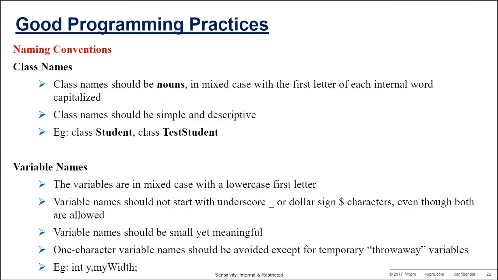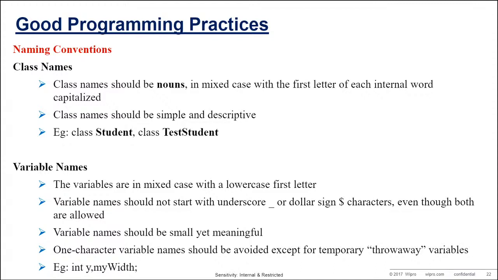I repeat: the variable names you give should be meaningful and appropriate to the project you are developing. They should not be simple names like A, B, C, X, Y, Z. We are used to this kind of declaration, but you should avoid it.